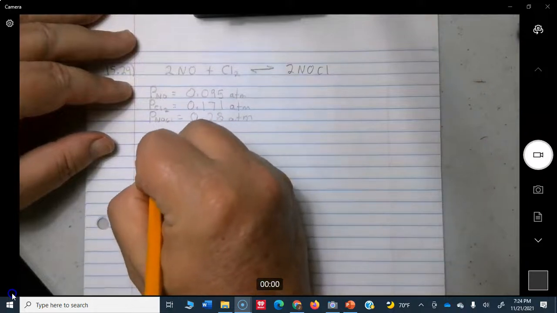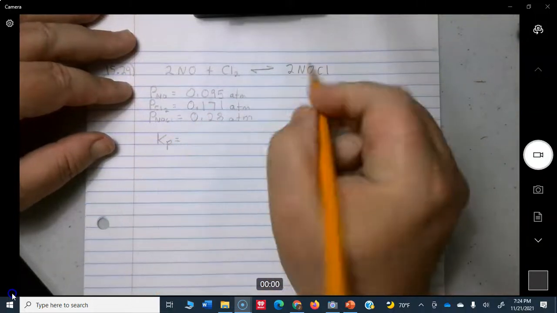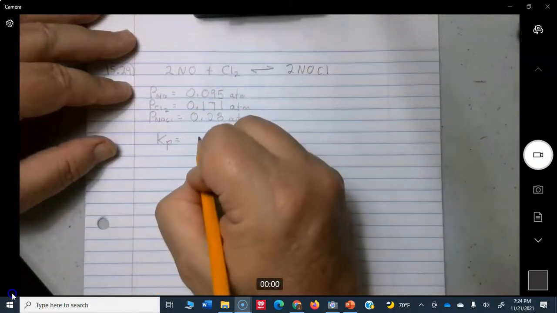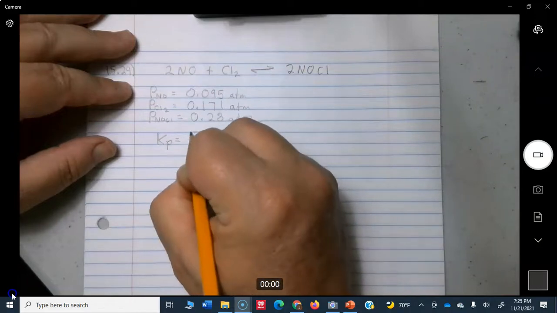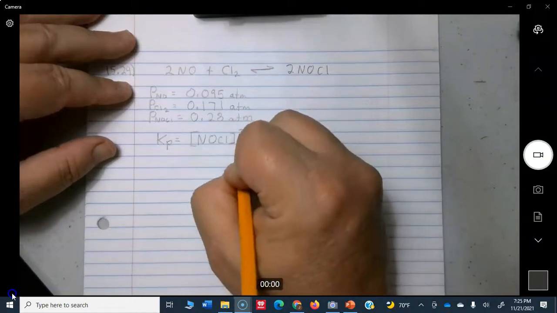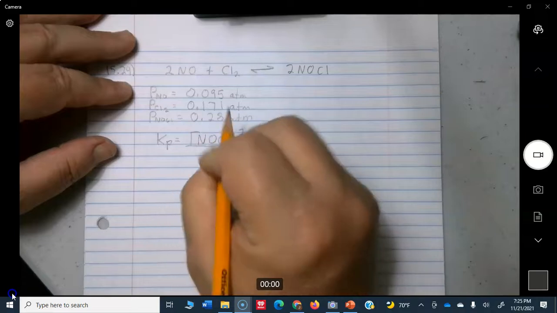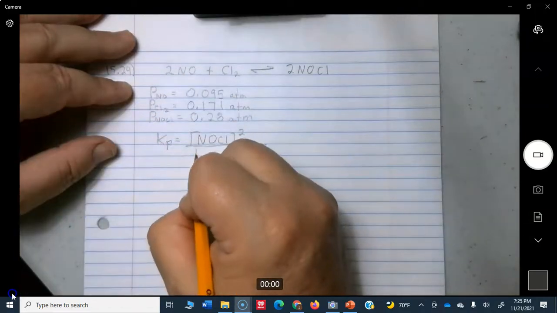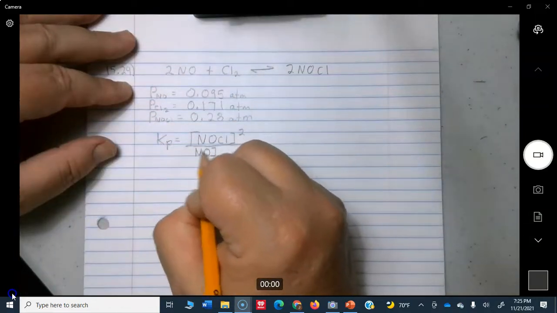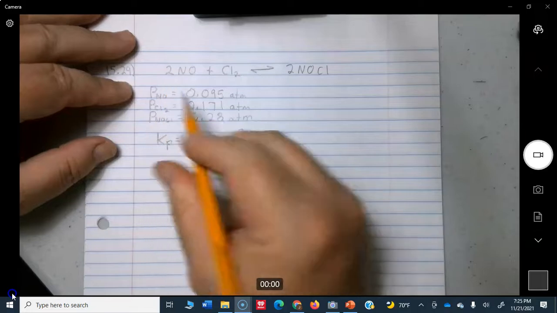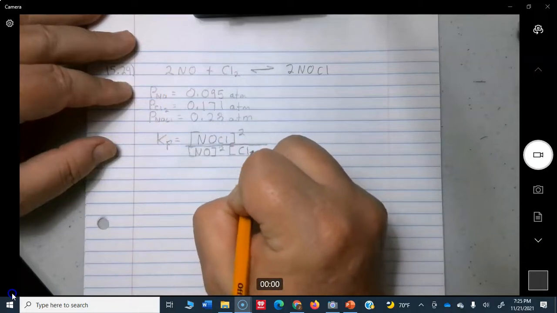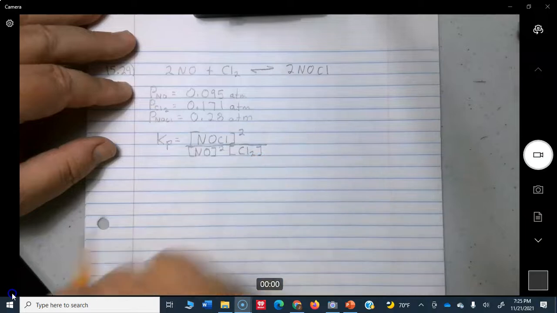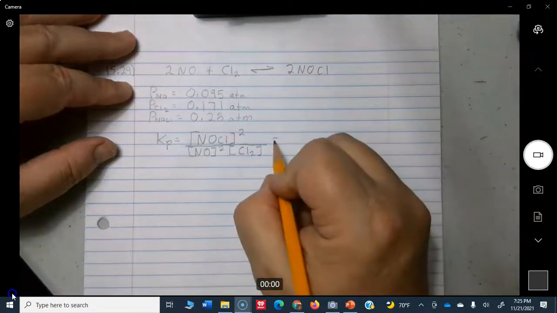So Kp, okay, products on the top, coefficient becomes exponent, reactants on the bottom, coefficient becomes exponent. Okay, exponent of 1 on that one. So now we just plug in numbers.